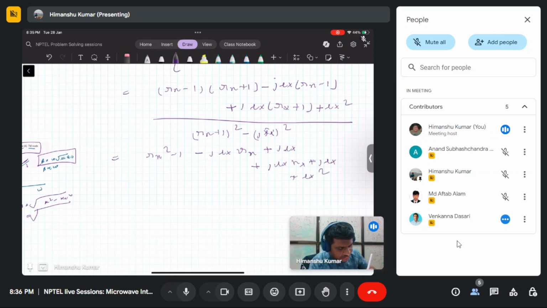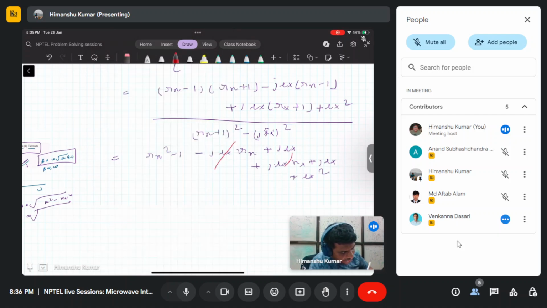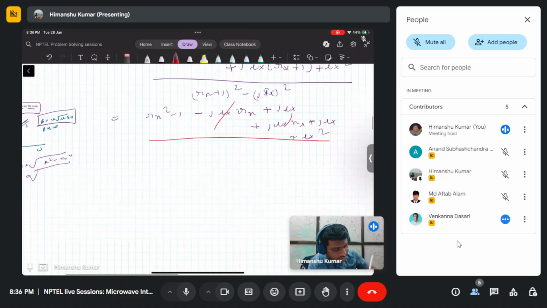So as you can see, these two terms will get cancelled, and on the denominator it will become rx plus 1 whole square plus ix whole square, right?